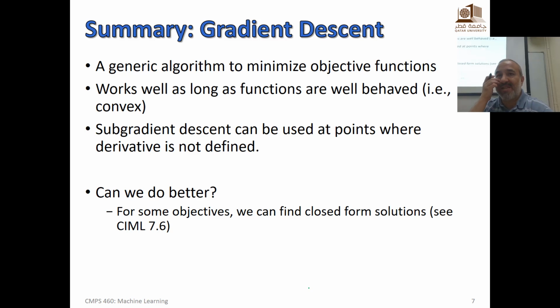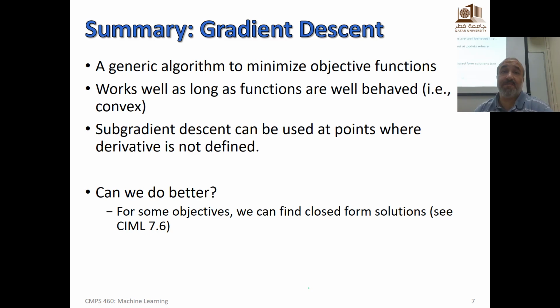Do we have to use gradient descent in all cases? Actually, some loss functions are convex, and thus we can mathematically find a closed formula for the best values of the parameters. We don't need to do it iteratively using gradient descent. There are some loss functions where we can mathematically compute the best values.